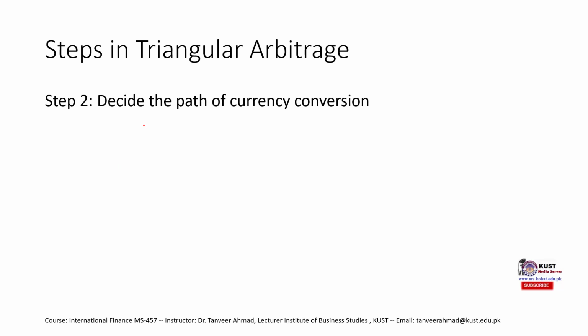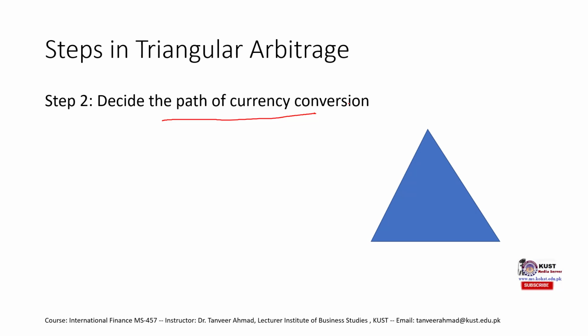Okay, so step 2 is to decide the path of the currency conversion. Remember, it is a triangular arbitrage, so the name comes from the triangle. We have 3 different currencies, in this case Malaysian ringgit, the pound, and the dollar. So we need to decide the path of currency conversion.